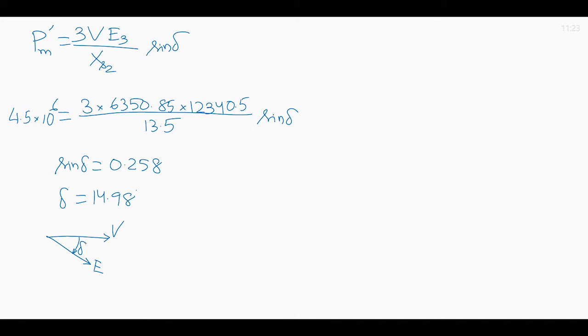So we can calculate the stator current Is using the phasor equation: applied voltage V minus induced EMF E3 divided by JXS2.